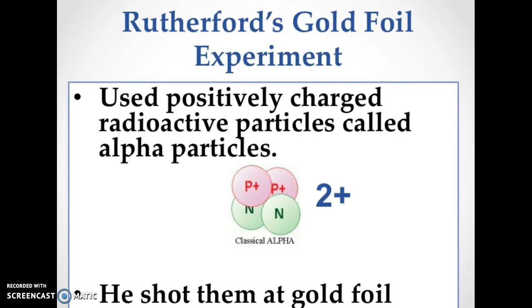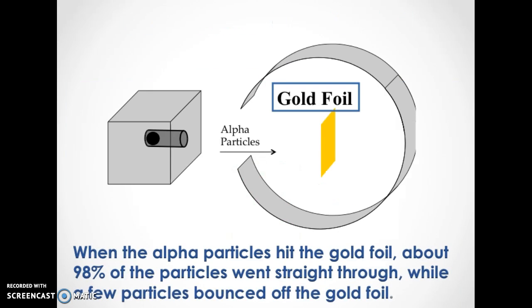So what he did is he used alpha particles, which are positively charged, and shot them straight through a gold foil. This gold foil has a bunch of gold atoms.